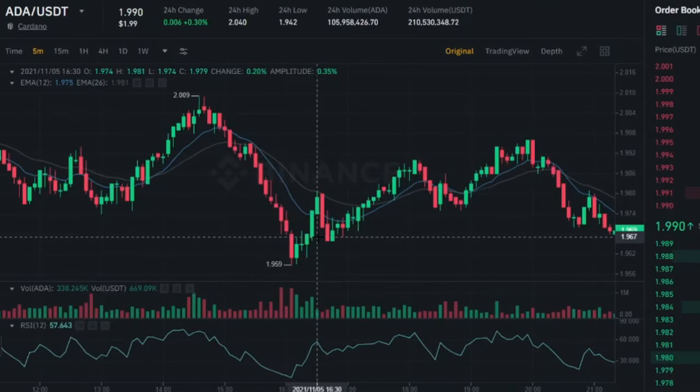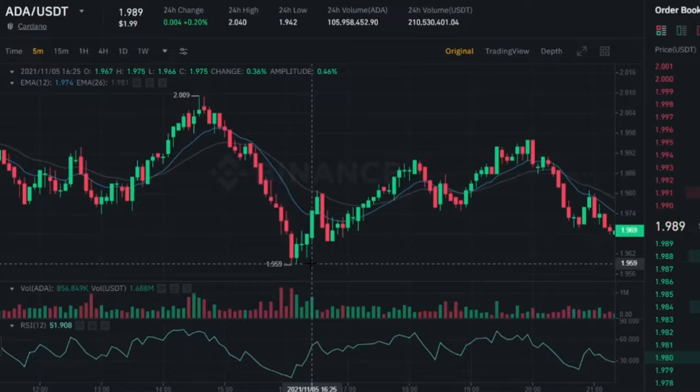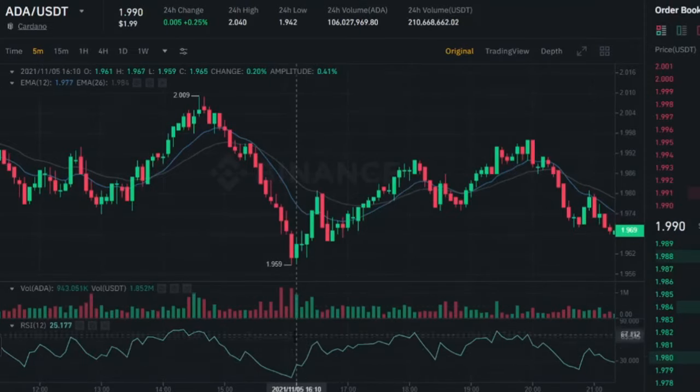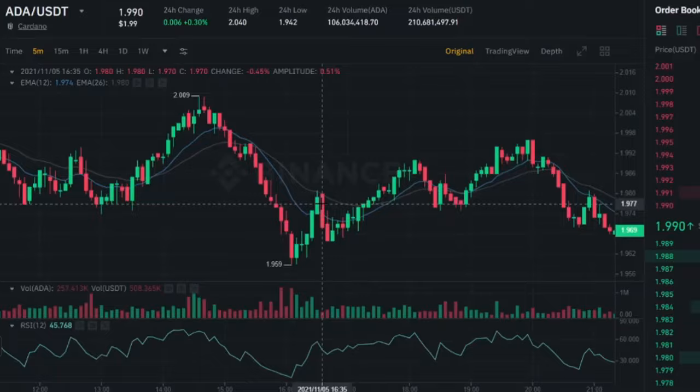The price was 1.967 and our stop was at 1.959. At the same time, we looked at the RSI and RSI showed 26. Once the price reached 1 to 2 risk to reward, we could take our profits.